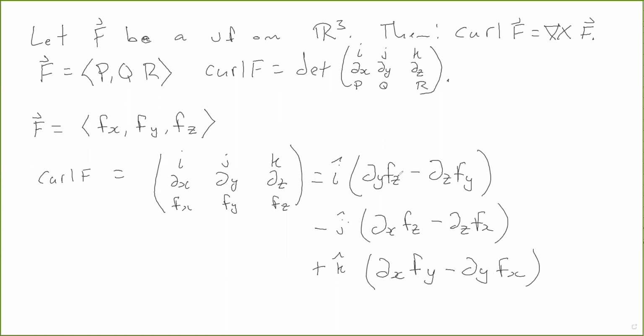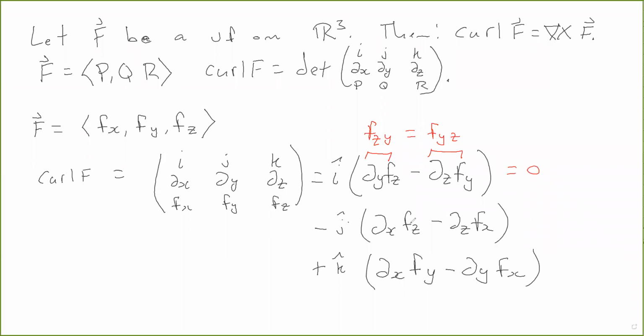So this is the partial derivative of fz with respect to y. So this function here is fzy, and this function here is fyz. Well, by Clairaut's theorem, these are equal. So this term is equal to 0.